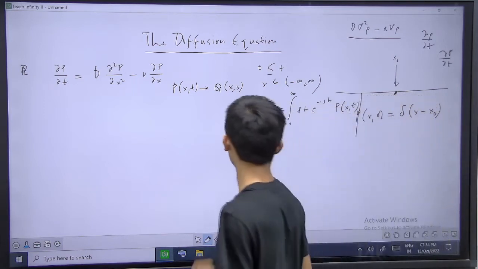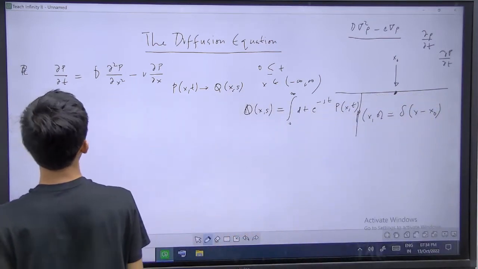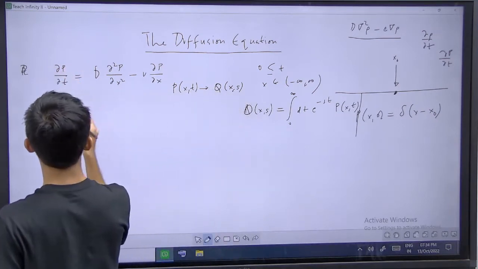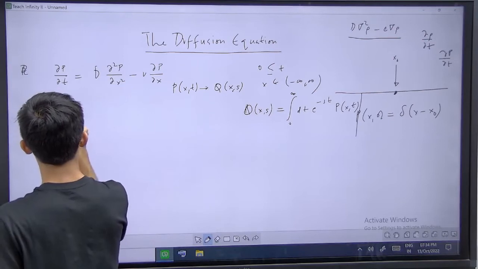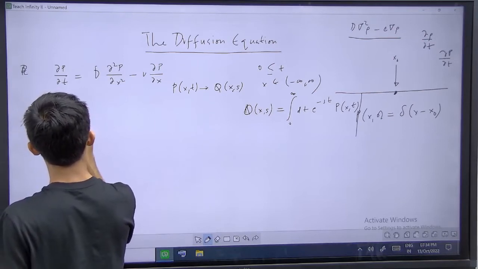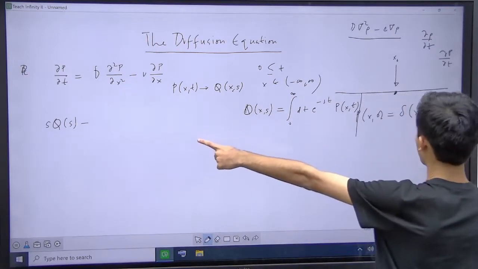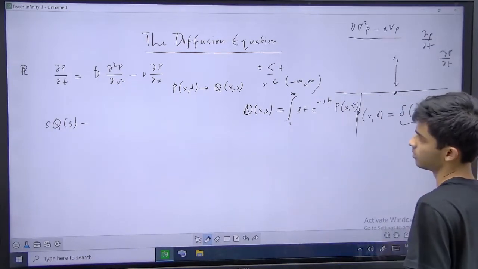Okay, that's the convention I'm using for now. This is just a simple Laplace transform, and so that will look as s times q of s minus the initial condition, and that is just a delta function, right?